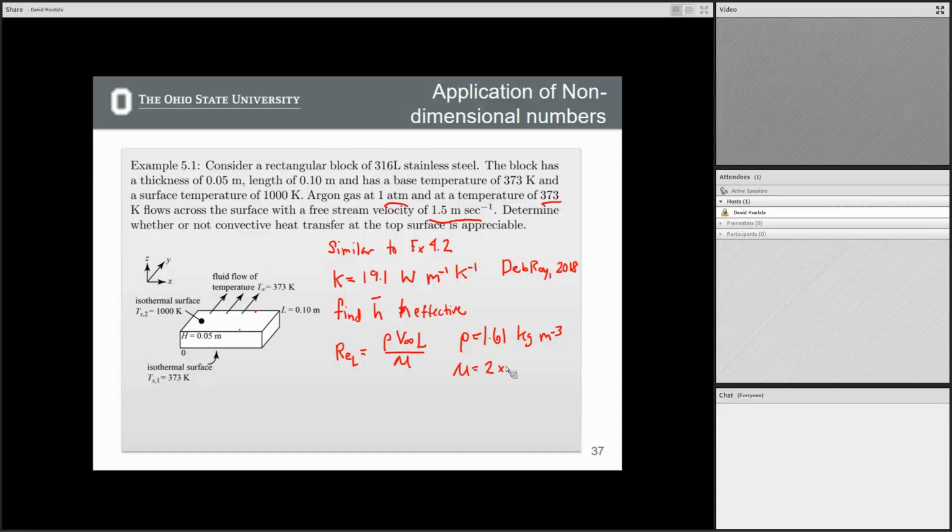Viscosity. Prandtl number, we'll get to this in a second, but this is a material property. And the last one, we need to know the conductivity of argon gas, which will be for the next equation.